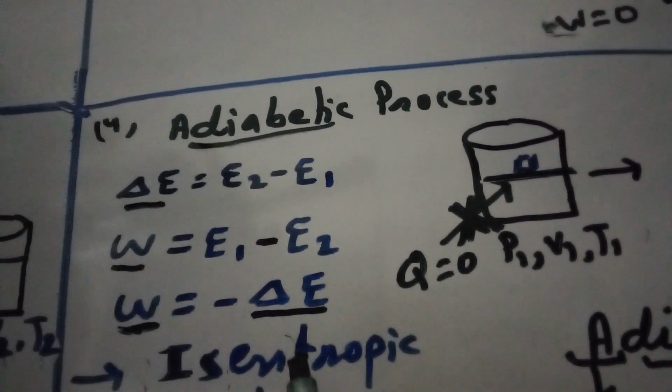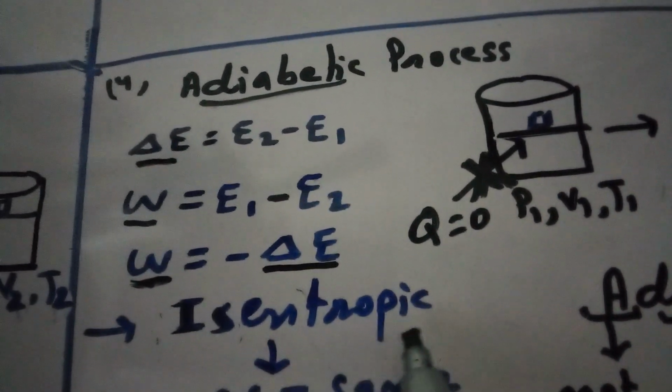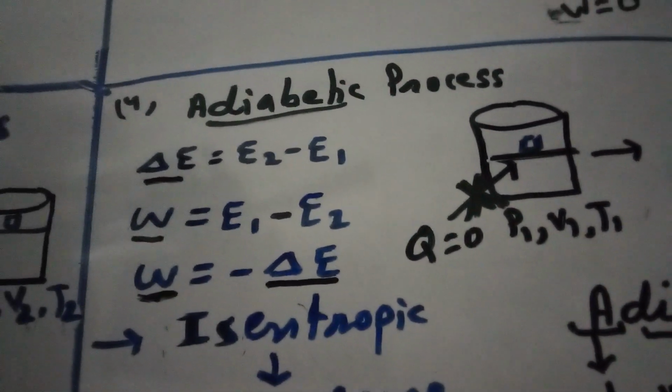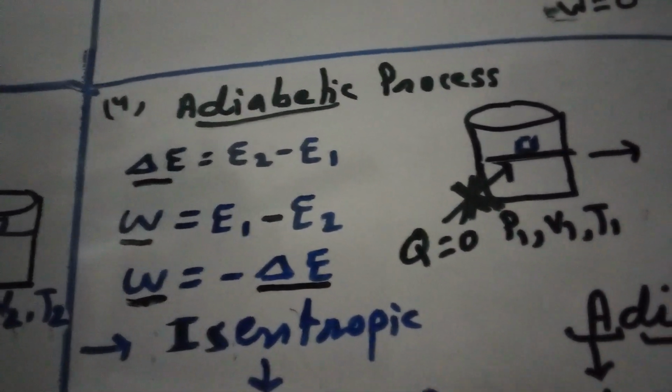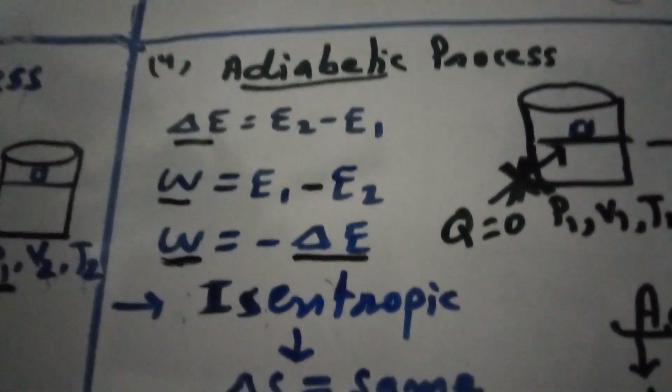That is why this process is known as isentropic. Delta S remains the same. So this is overall about the four thermodynamic processes.